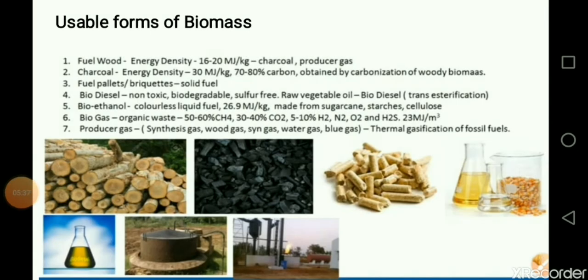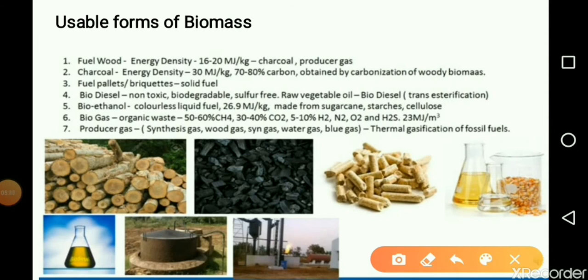The next one is the bioethanol. This bioethanol is a colorless, odorless liquid having an energy density of again around 30 megajoules per kg, which is again higher than that of the fuel wood, and it is made from sugar cane or some carbohydrates, starch or cellulose.